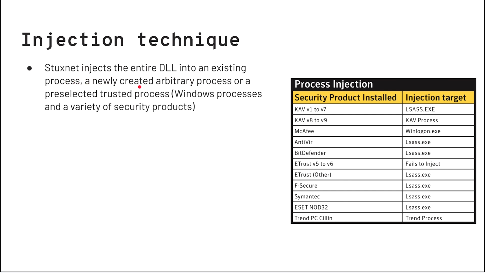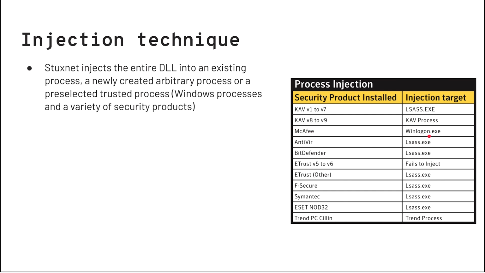Another one would be a newly created process, or it could be some pre-selected trusted Windows process, or some security product. You see, for example, on the table, if the Kaspersky antivirus was installed, then the injection target would be that Windows process, the LSASS. If it was another version of the antivirus, it would actually inject directly using the antivirus itself.